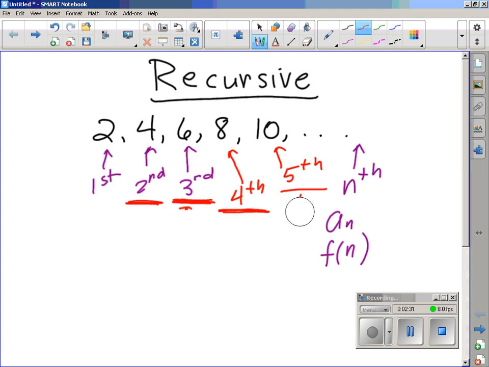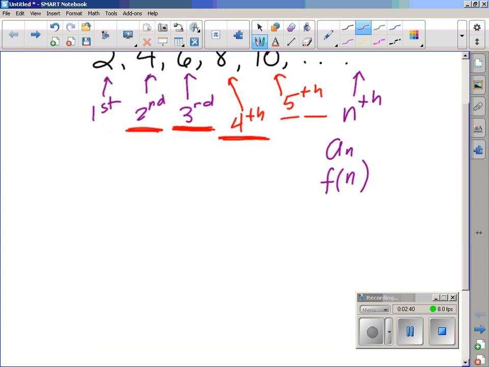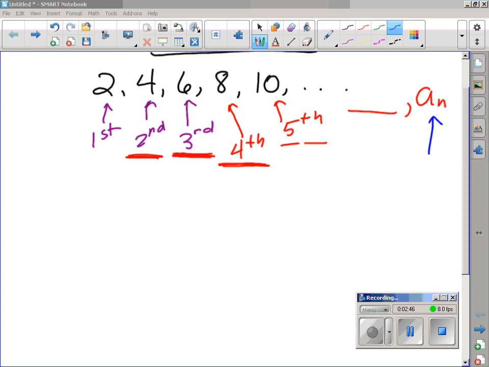Now, what am I getting at? Here's what I'm getting at. What term would be right in front of the nth term? Now, let me see if I can clean this up just a little bit. Right here is the nth term. Now, what term is right in front of it? Well, if the fourth term's right in front of the fifth term, and the third term's right in front of the fourth term, and these numbers are separated by 1, these numbers are separated by 1, that means these numbers have to be separated by 1.